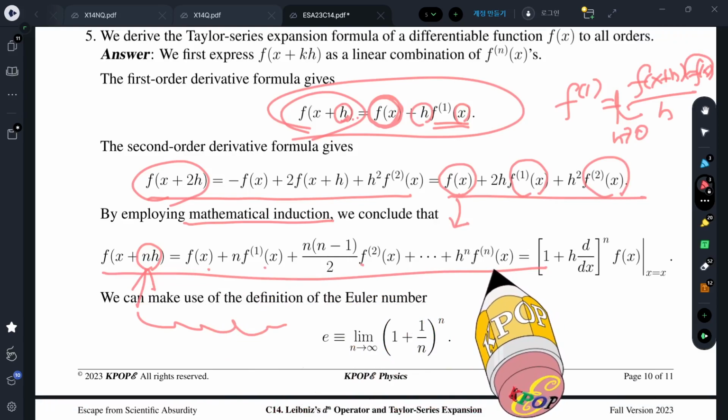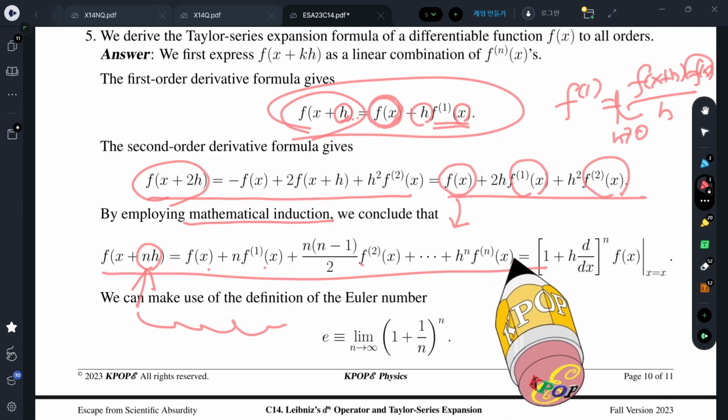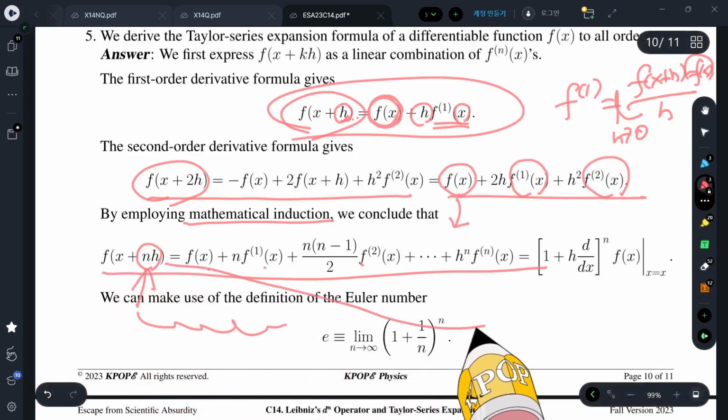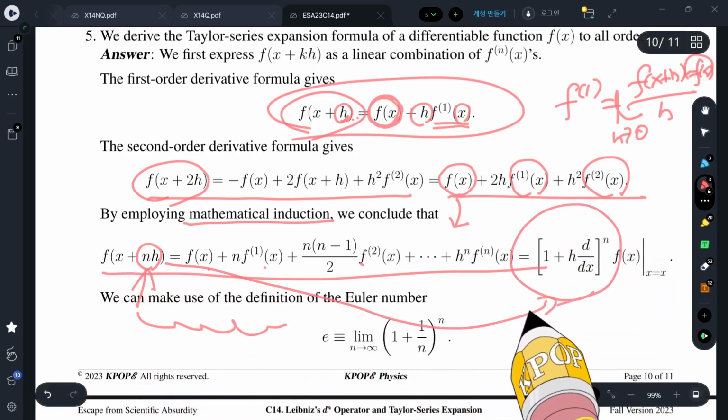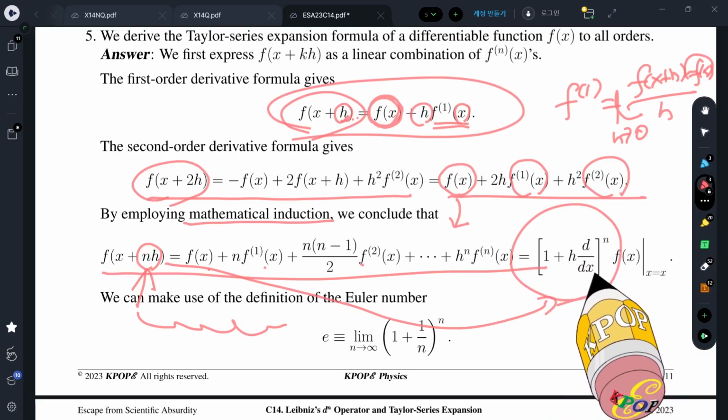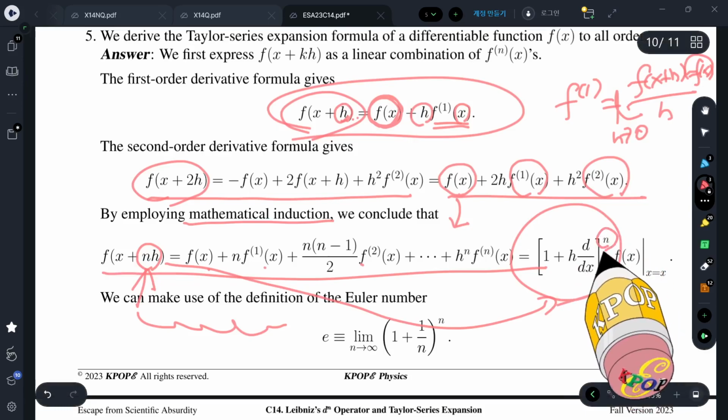I don't describe the details, but you can in principle follow. But the result is very straightforward, and we return to the point. This is based on the Leibniz formula. We find this one is the derivative operator to the nth power.